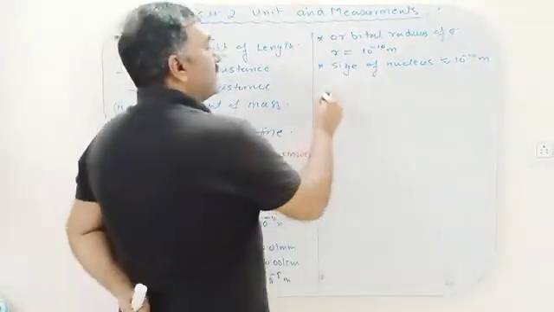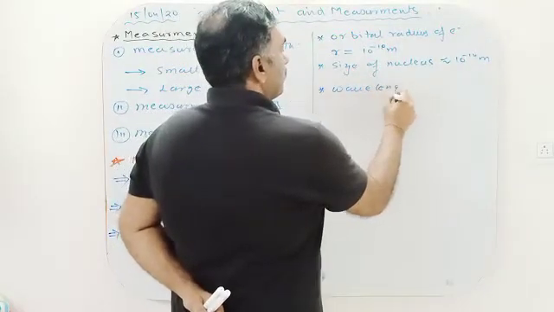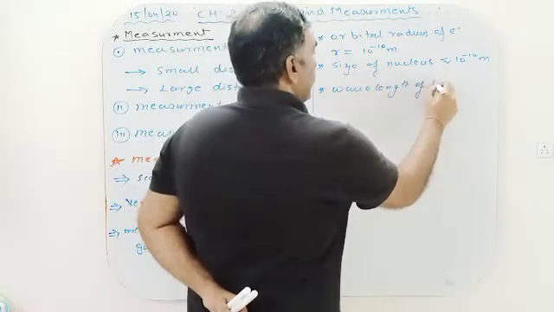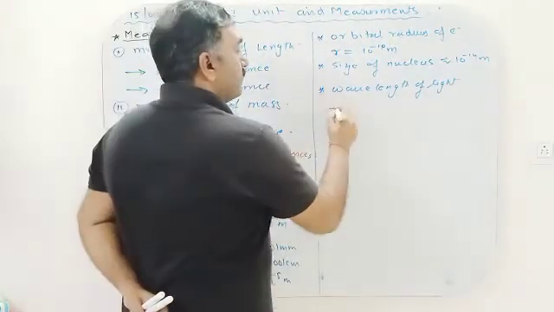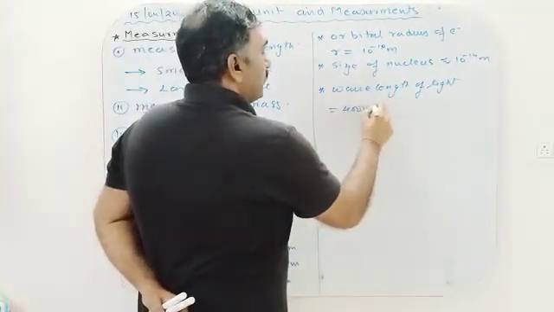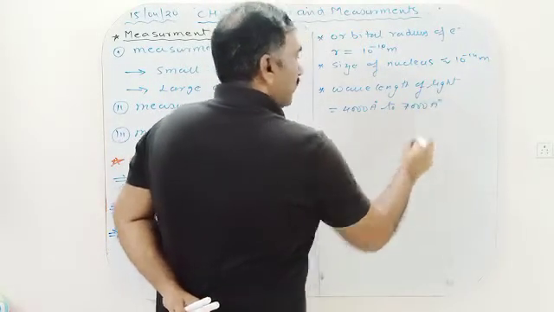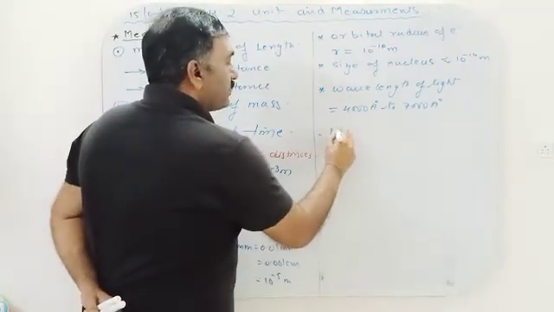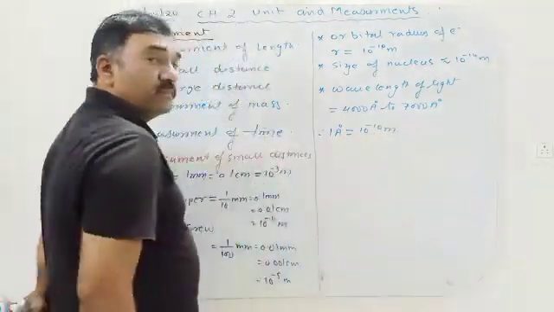But then you had studied about the wavelength of light, that is from 4000 Angstrom to 7000 Angstrom. So what is the value of 1 Angstrom? That is 10 raised to power minus 10 meter.